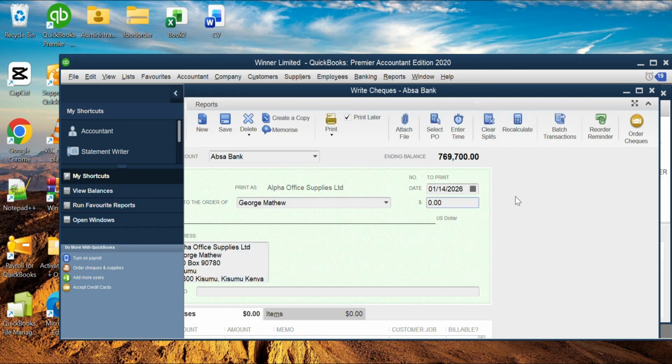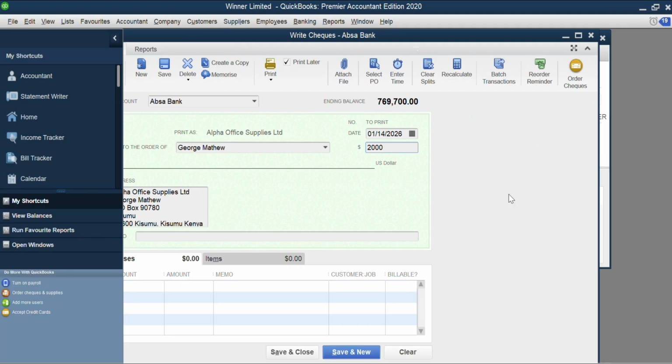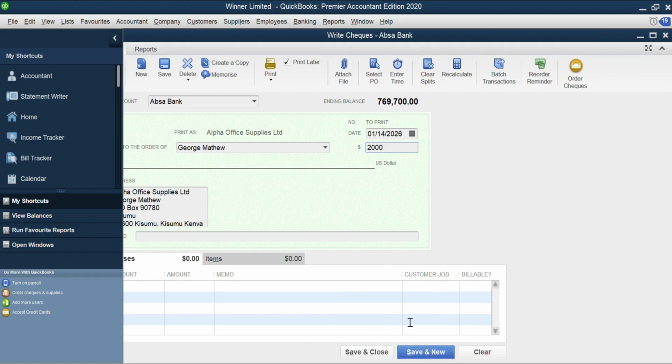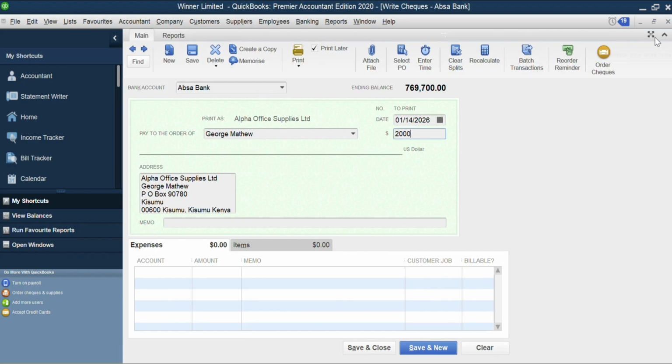Then we are going to write a check for 2,000 shillings, and we are going to select the account that is related to that 2,000 shillings.